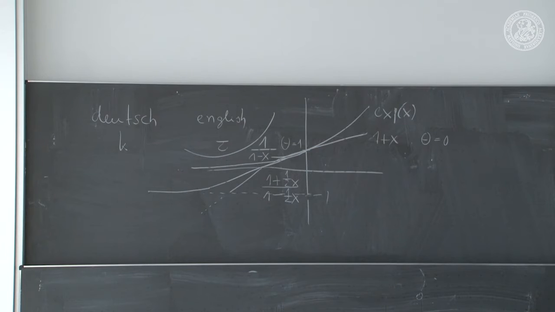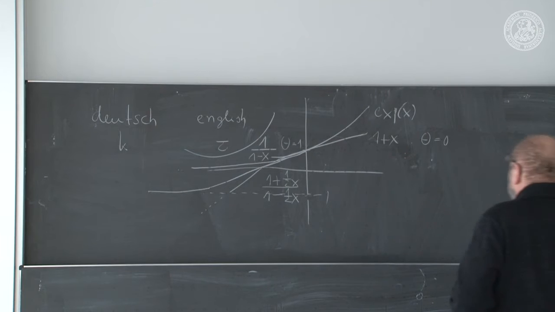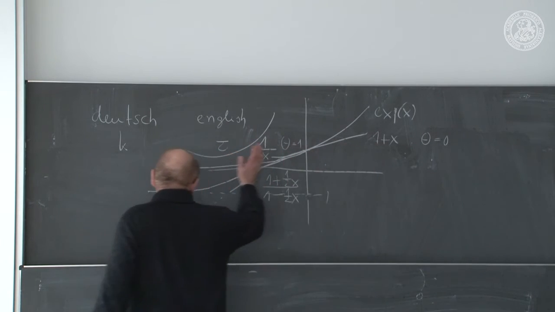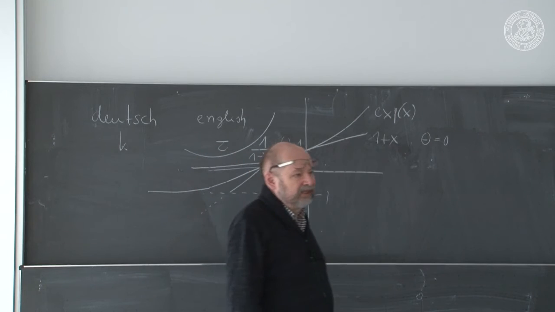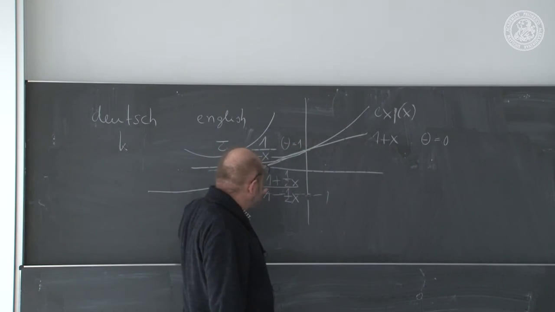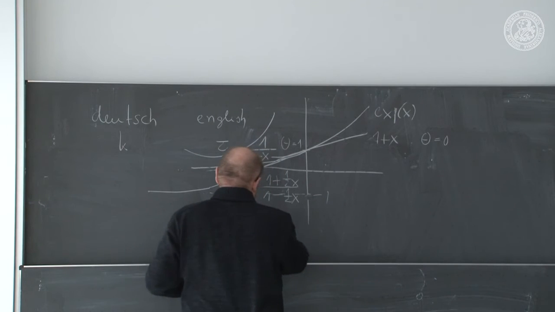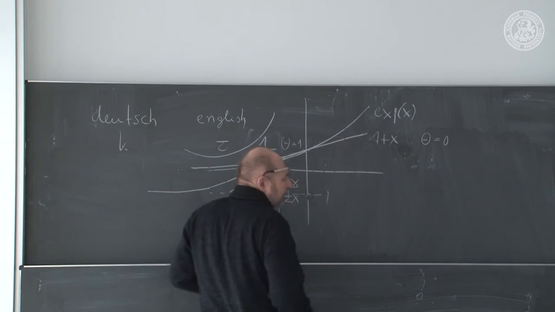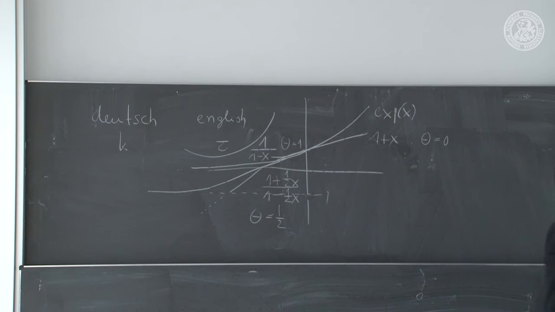We call a method L stable if the stability function has the property that the limit is 0 if the real part converges to minus infinity, which is the case for the implicit Euler method, and it's not the case for Crank-Nicolson and the other versions for theta. So what we have seen up to now, only the implicit Euler method is L stable.